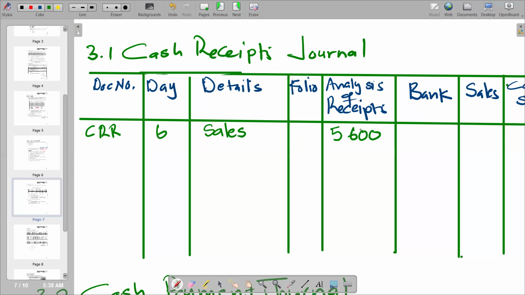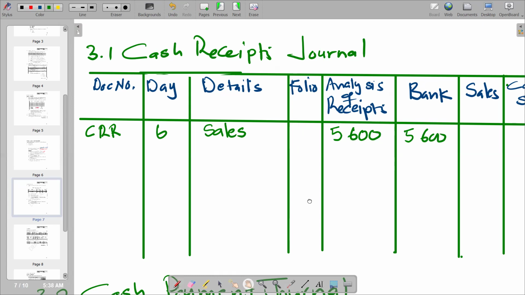Then from there, we have other columns that we have to consider again. The amount that we have actually received is 5,600, and obviously it's going to be received through our bank. So we're going to put it in the column for our bank.